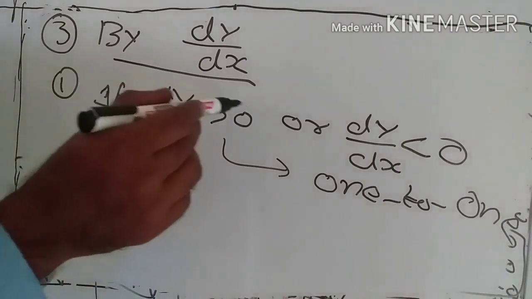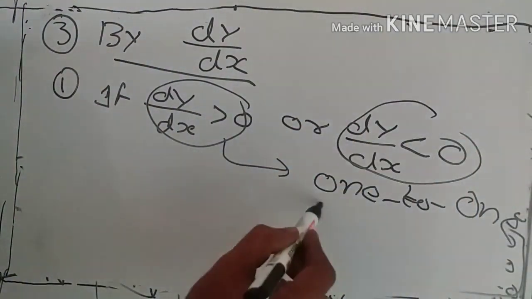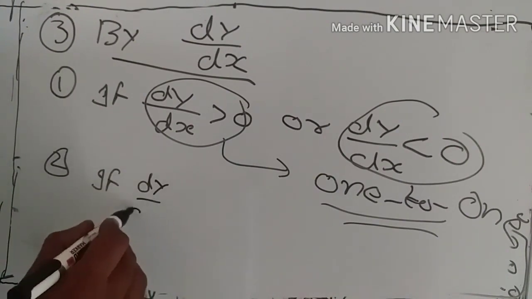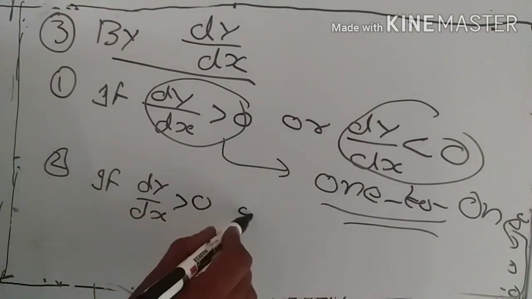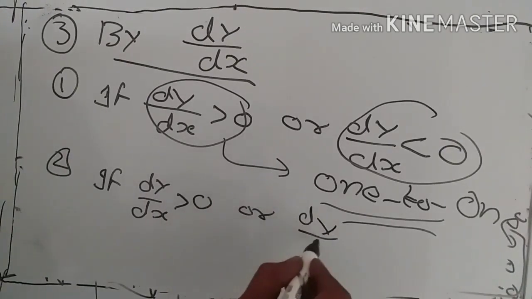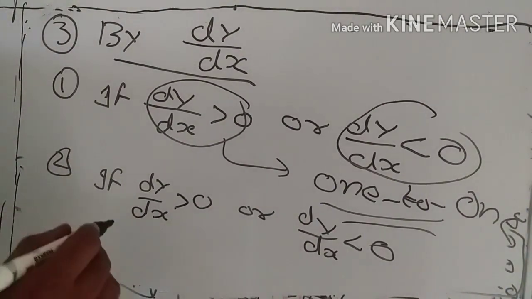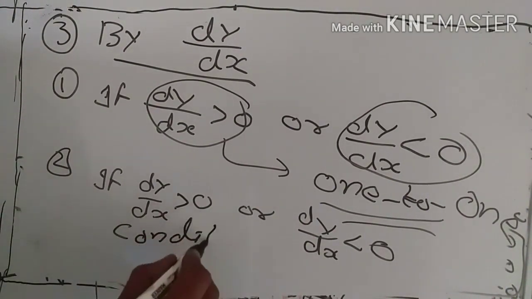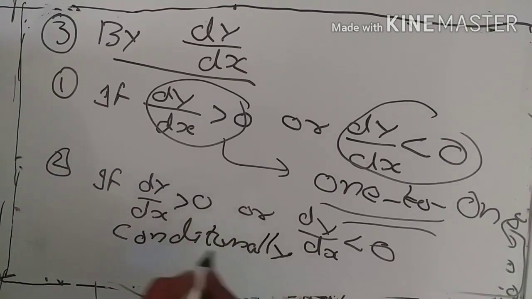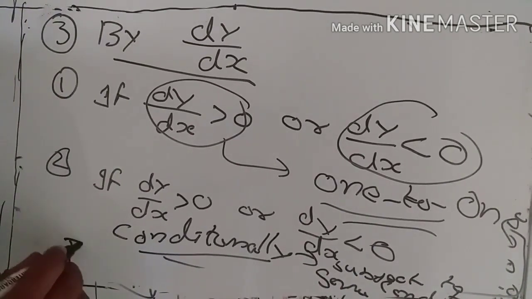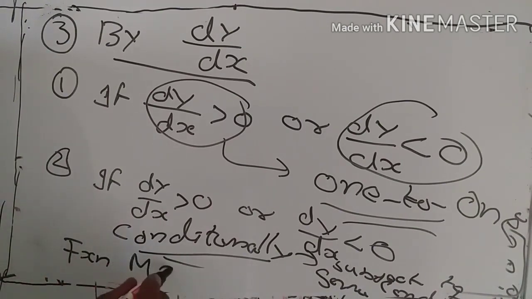If dy by dx is greater than 0 or less than 0 conditionally, that is, subject to some conditions, then the function is many to 1.